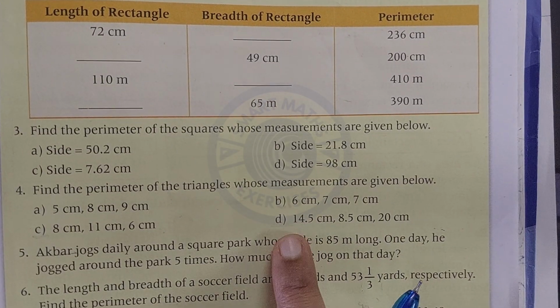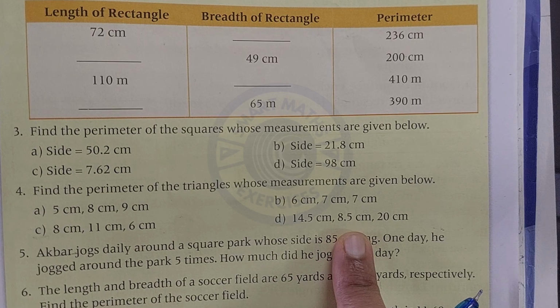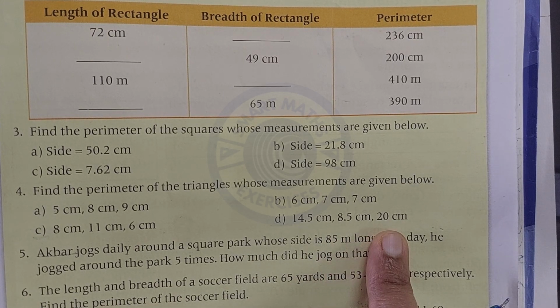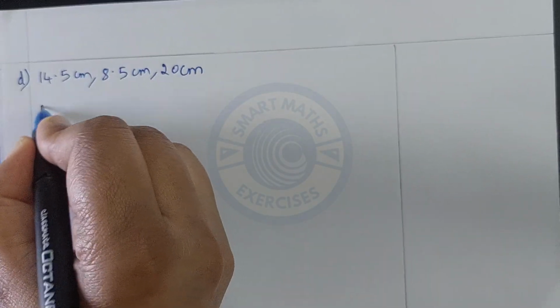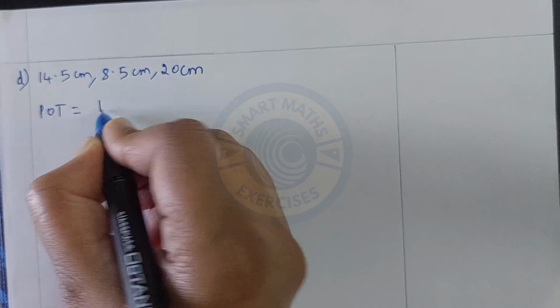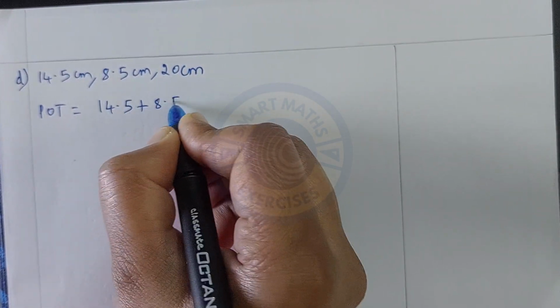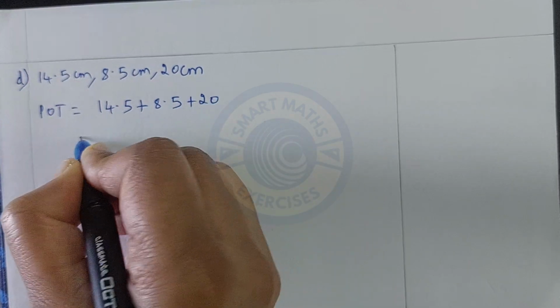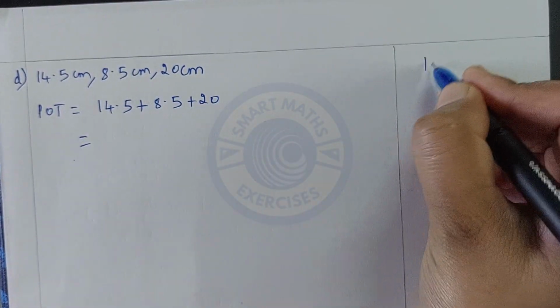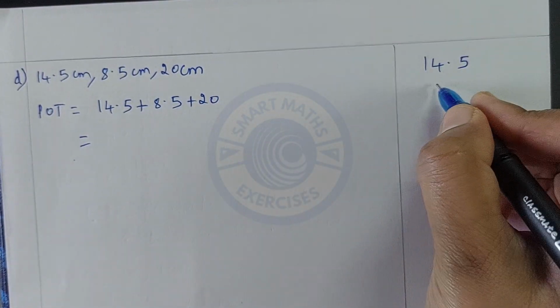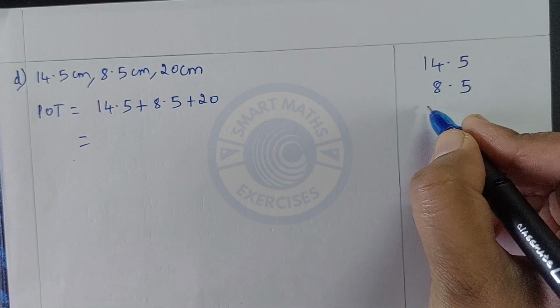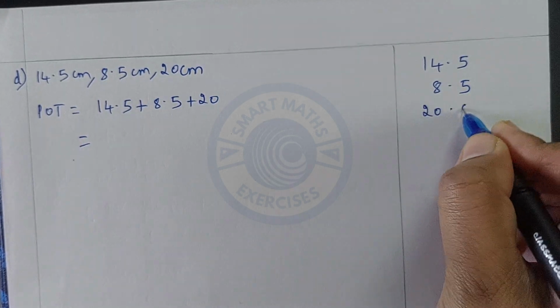Next question. D. 14.5 centimeter, 8.5 centimeter, 20 centimeters. Perimeter of triangle. So add all this. 14.5 plus 8.5 plus 20. 20.0.